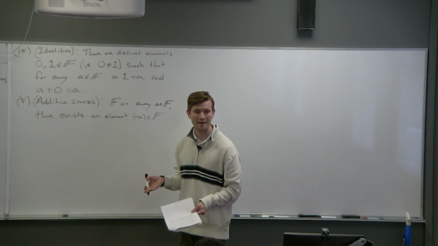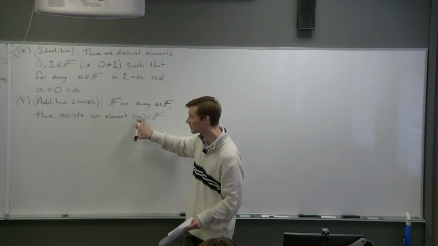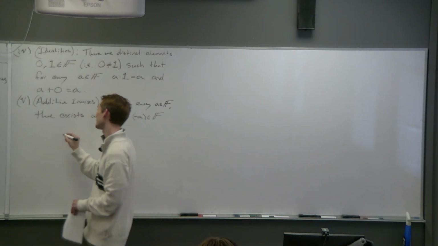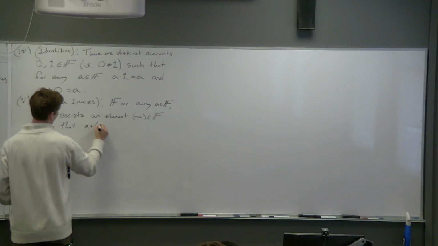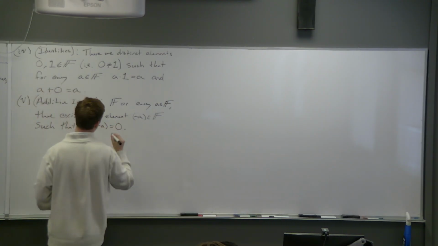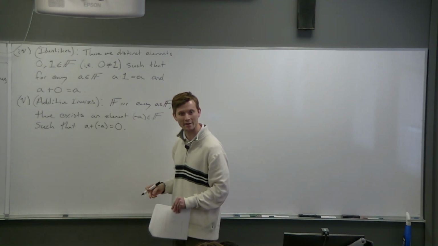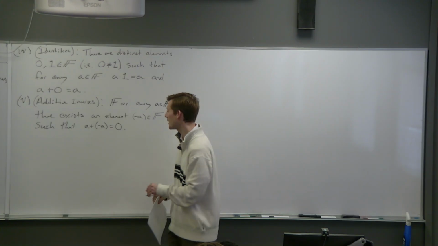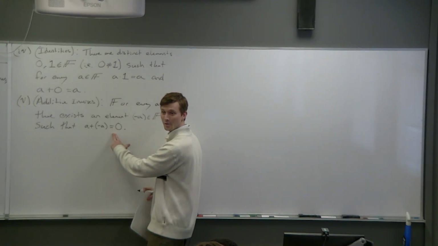Perhaps it's the additive inverse for the multiplicative identity. Oh, now it starts to sound confusing, right? But there's an element minus A. This is just a symbol so far, such that A plus its additive inverse is equal to the additive identity. That is, anything you start with, there's something you can add to it to get back to the thing that does nothing when you add with it. Okay.